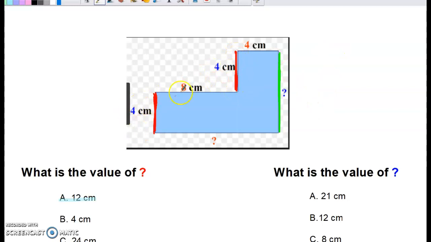So I'd be looking at these two sides along with my blue question mark. And again, how you tell is that if you slide them over to each other, it creates the same length line as my green line. So this would be another example where I'm going to add. So 4 plus 4 is going to give me the missing value of 8 centimeters.